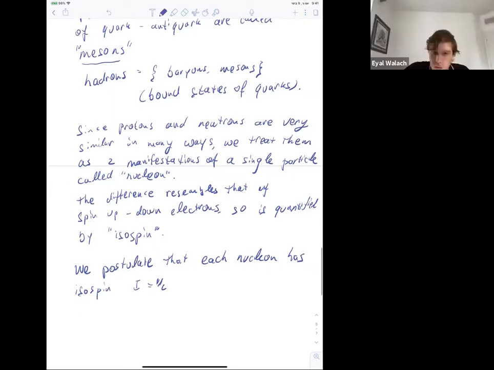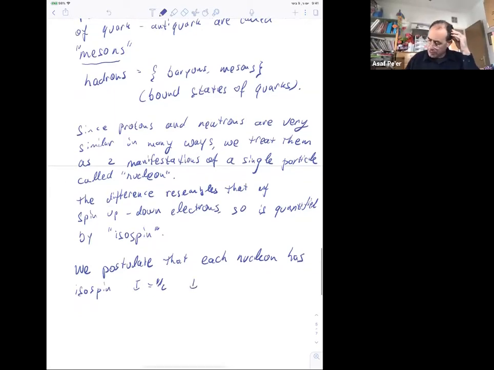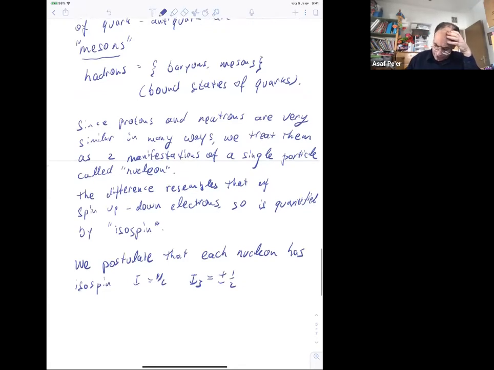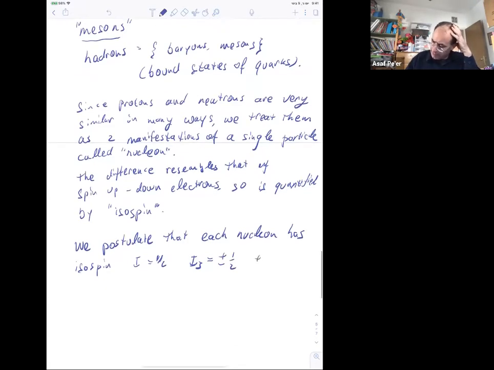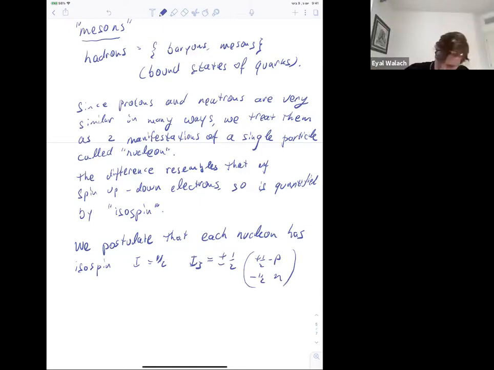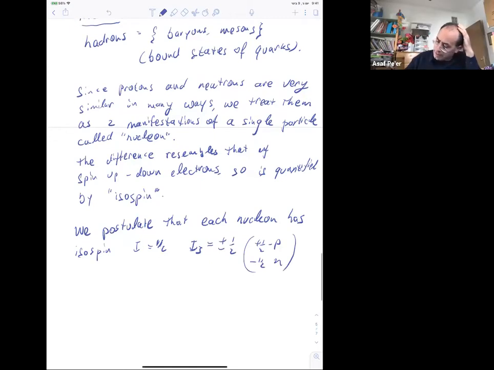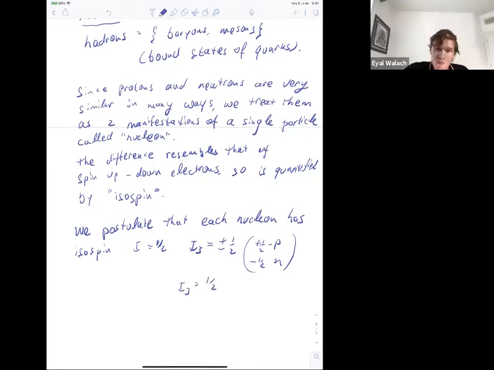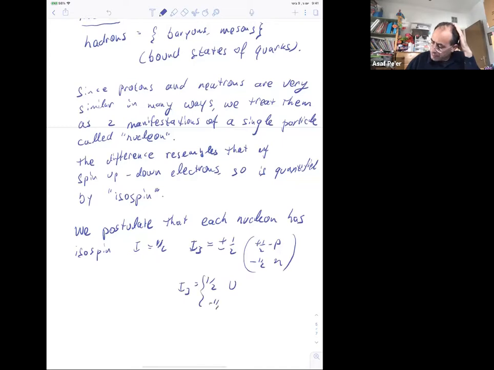Then the up-down component, I3, the one component of the isospin, will be plus or minus 1/2. Plus 1/2 is the proton and minus 1/2 is the neutron. Now this essentially translates into I3 equal to 1/2 for the up quark and minus 1/2 for the down quark.